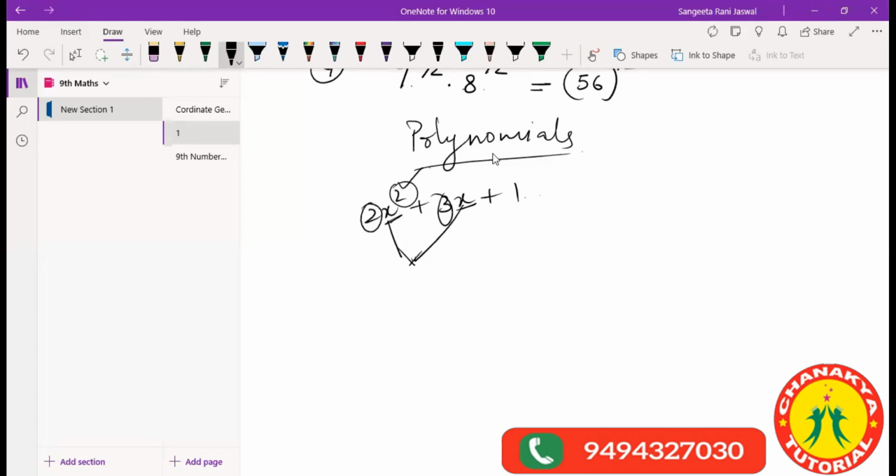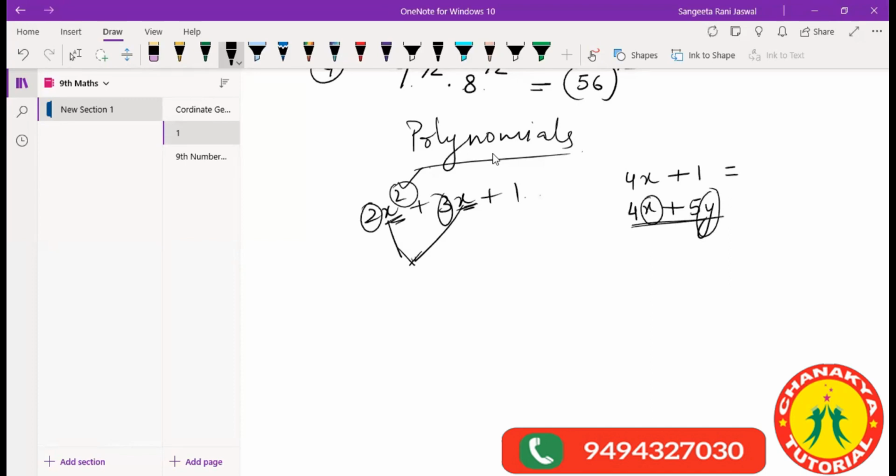Right? So coming to the degree of the polynomial. Those polynomials which have one kind of variable. One kind means suppose if I have all the variables same. X hai, yahan bhi x hai. Okay. If suppose I have something in terms of two variables, here x is one variable, y is another variable, then this is not a polynomial in one variable.